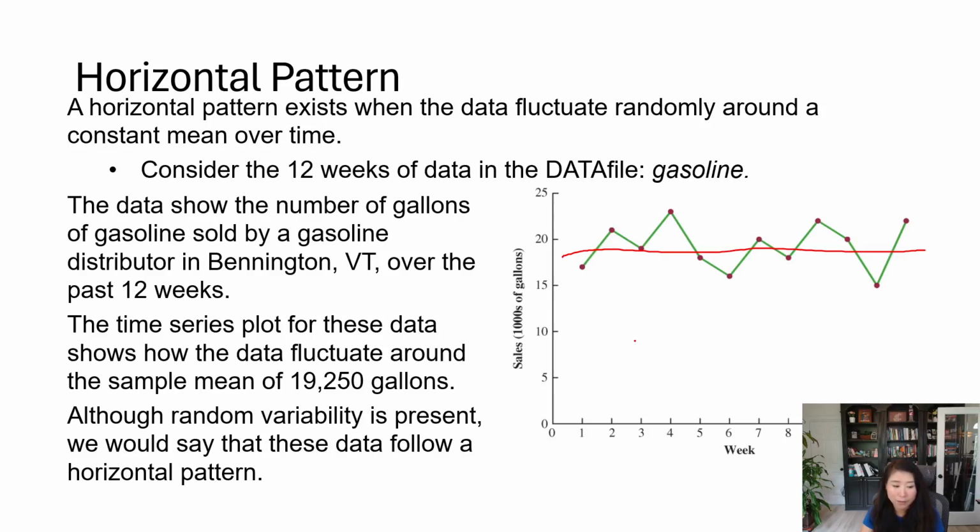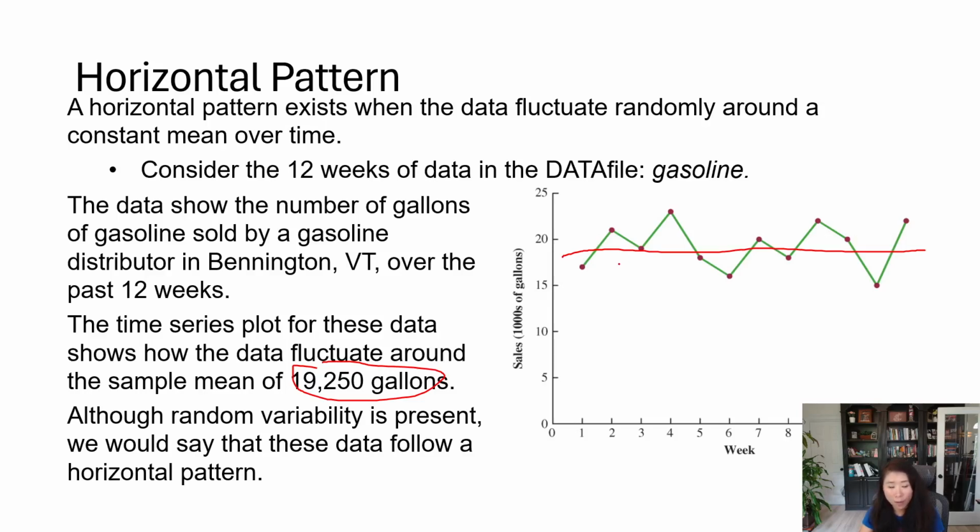If we actually calculate the mean of all the gasoline data, we get a mean value equal to 19,250 gallons. In this situation, if you find this approximate line, the line plot is kind of evenly distributed around it. If this line is horizontal, we call the time series data a horizontal pattern.